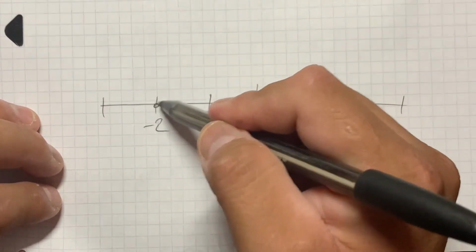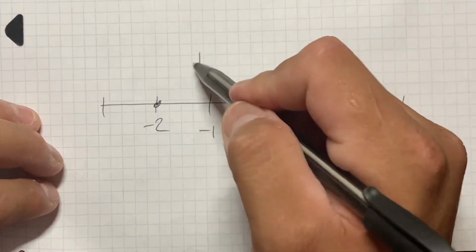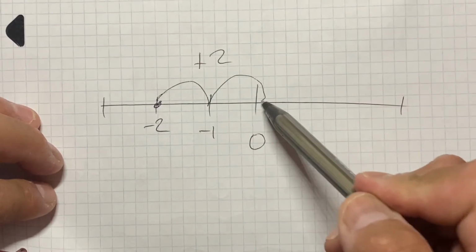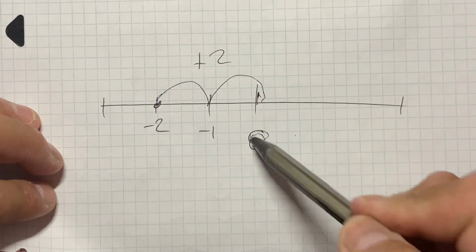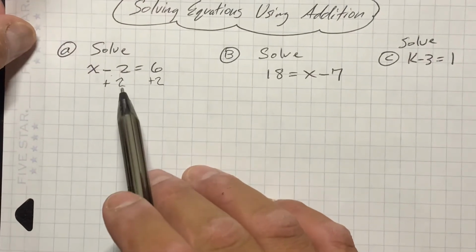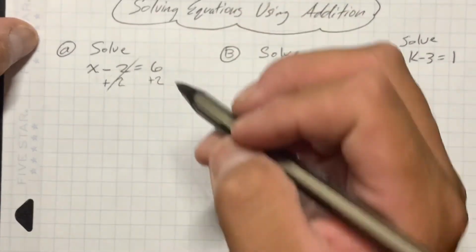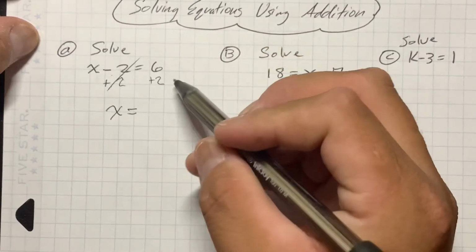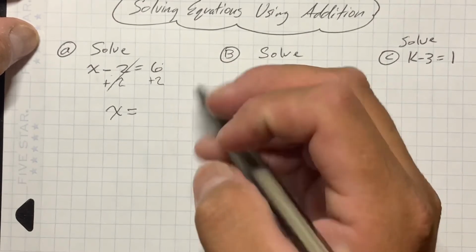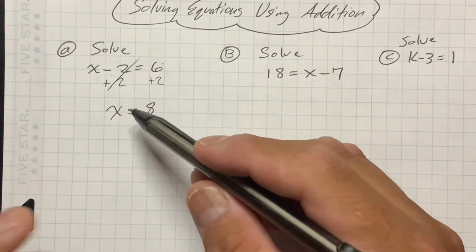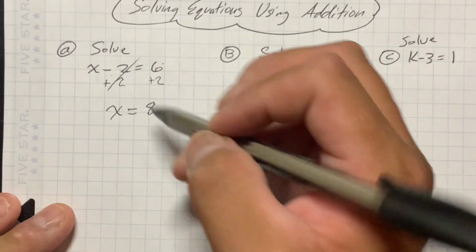So if we're at negative 2 and we add 2, we're going to add 1 and add 1 more. So we're going to be at 0. Okay, so again, negative 2 plus 2 is 0. So these kind of cancel out, and x is by itself. And 2 plus 6 is going to be 8. So we're saying that the solution is x equaling 8.